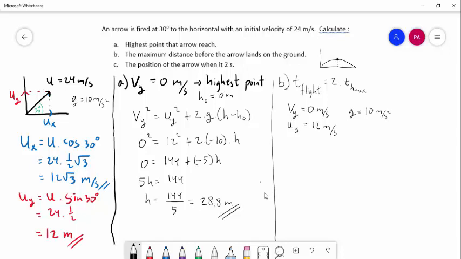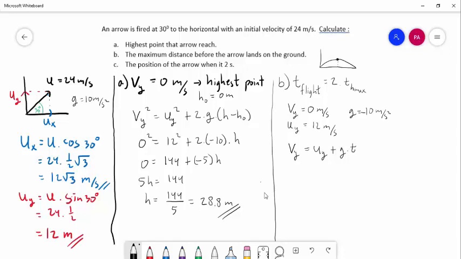Remember to give the negative sign to gravity acceleration. We use the formula y velocity equals initial velocity plus gravity acceleration times time.